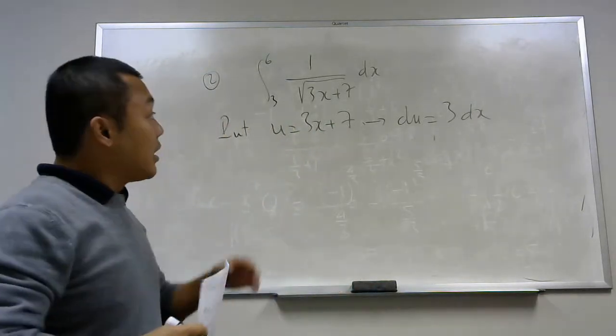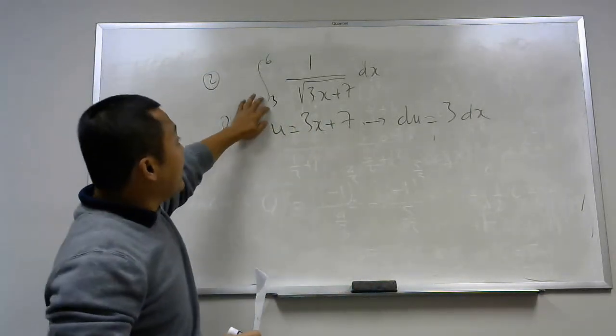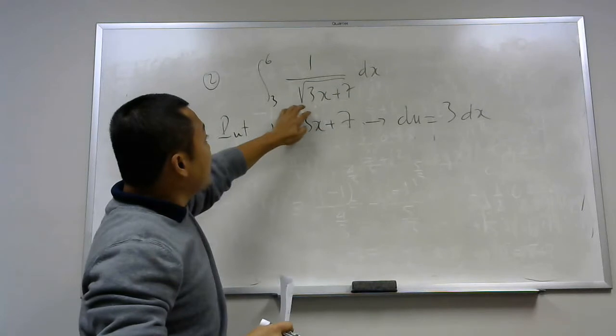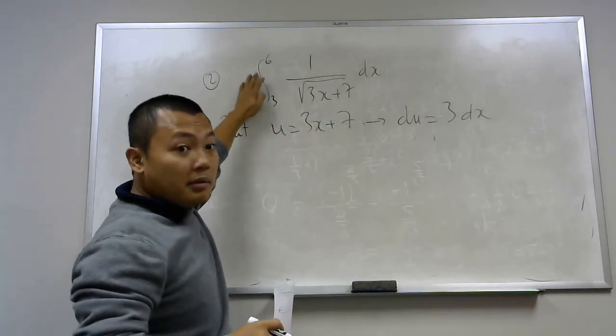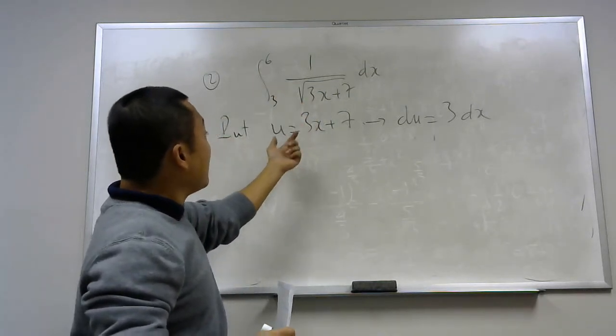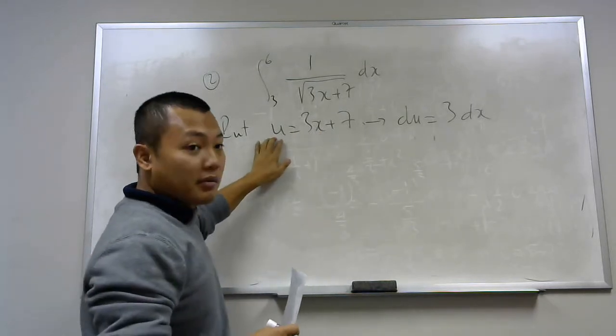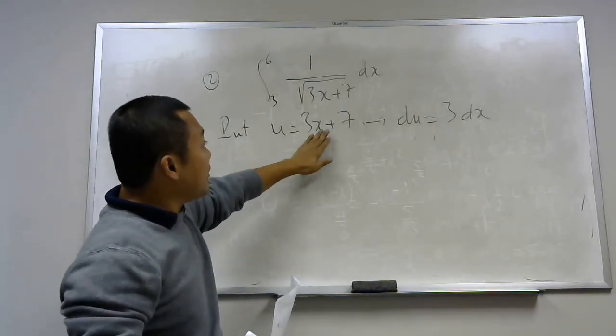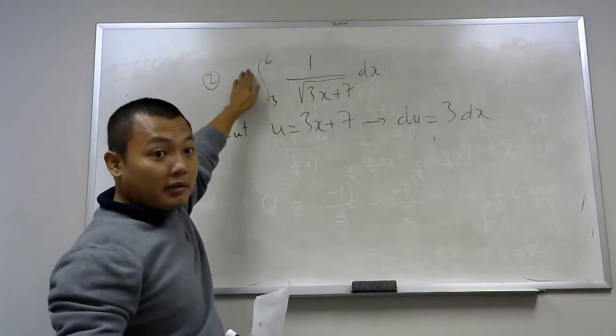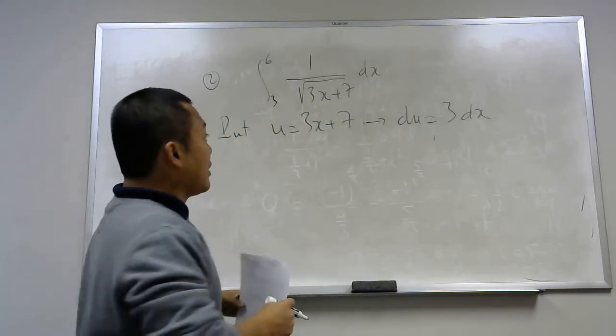That's the first thing. Second thing, since we have definite integrals, we need to change the integral limits. Why? Because we go from x to u. Once we change from x to u, we need to change the interval here.